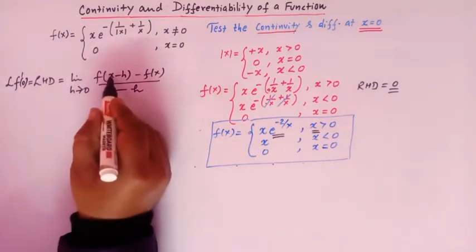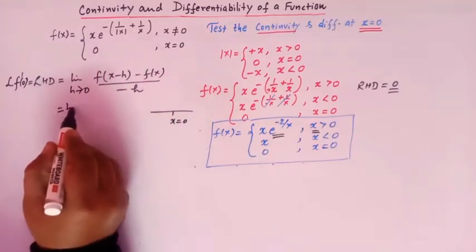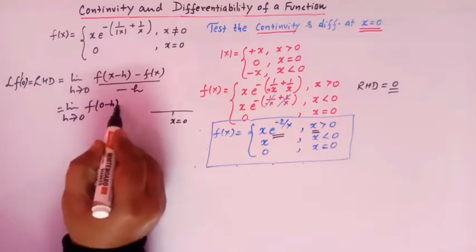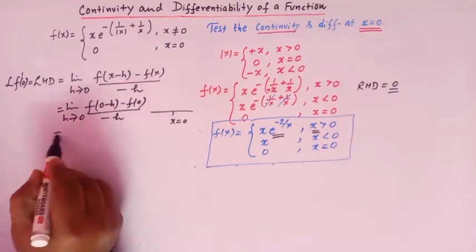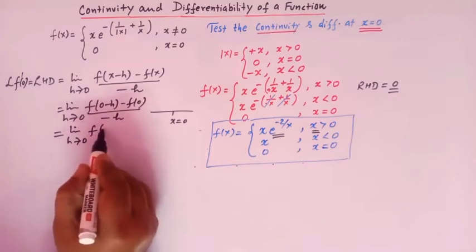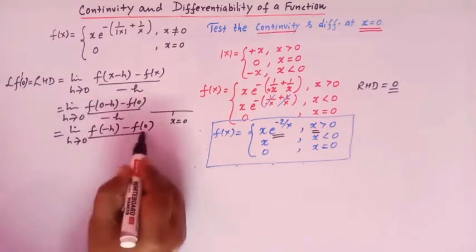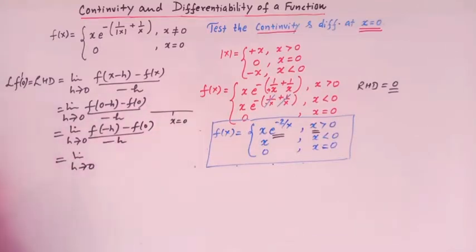So here we have the point x equal to 0, so we have limit h tends to 0 of f of 0 minus h minus f of 0 divided by minus h, and we have limit h tends to 0 of f of minus h minus f of 0 divided by minus h.